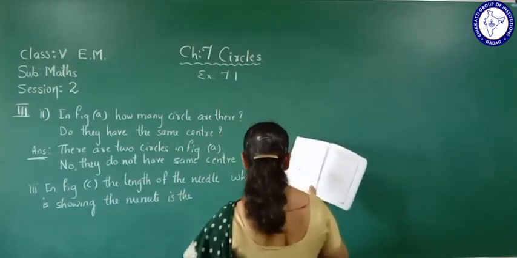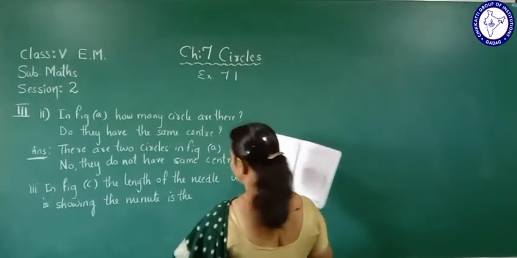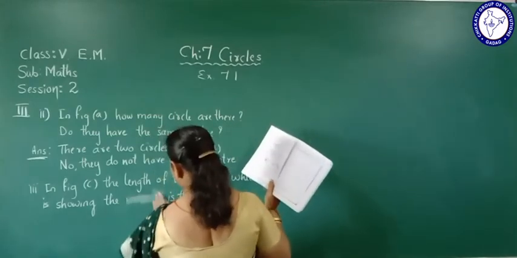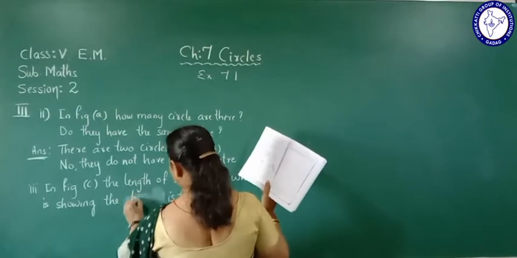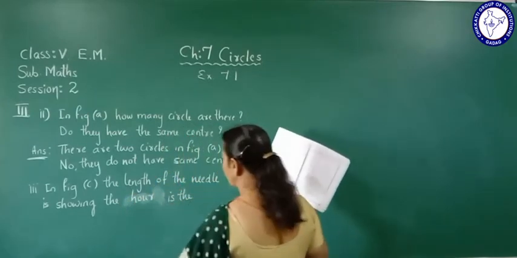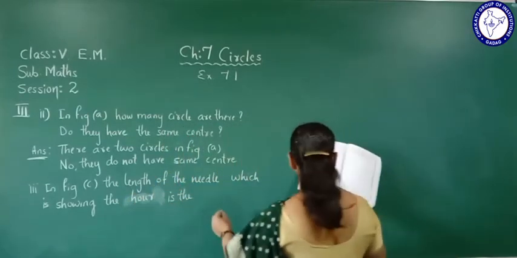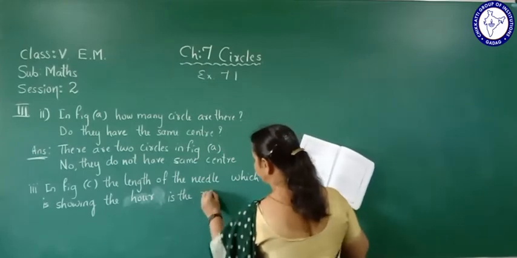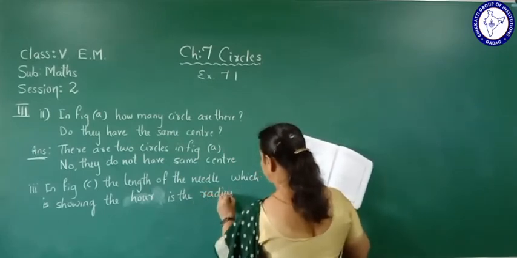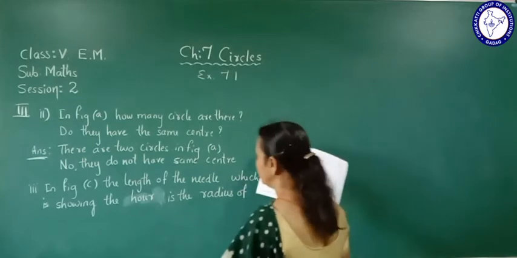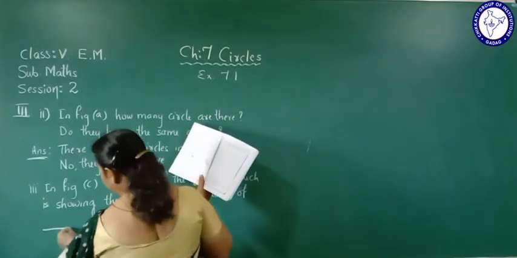Third question: in the figure, the length of the needle which is showing the hour is the radius of dash circle.